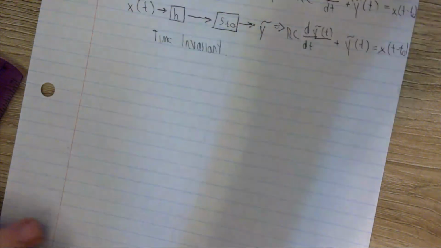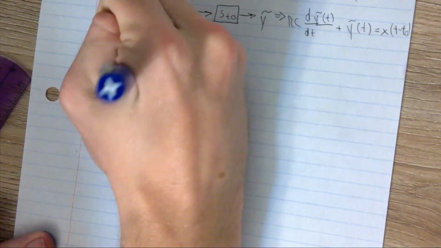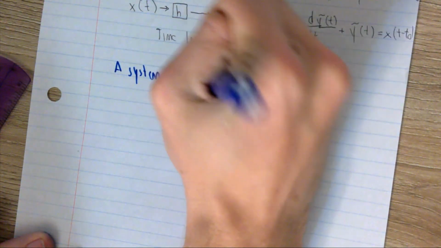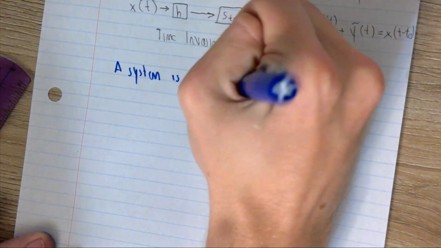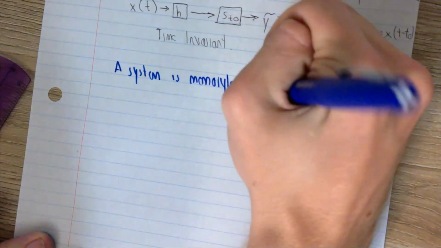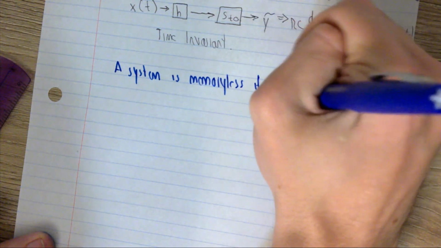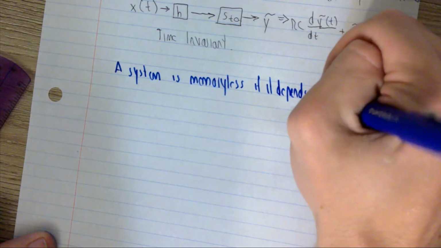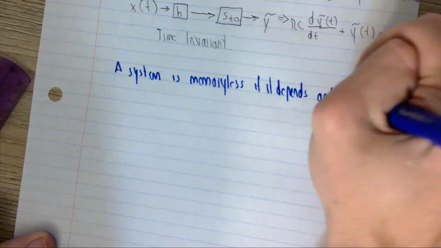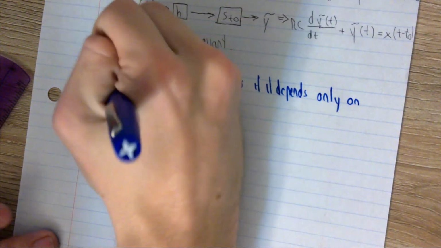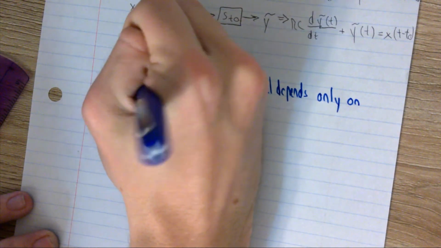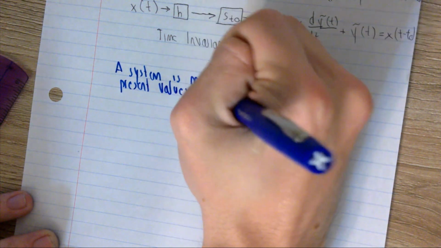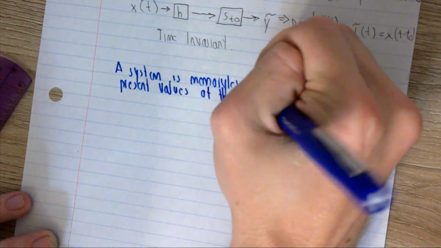A system is memoryless if it depends only on present values of the input.